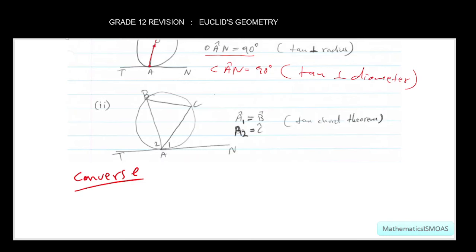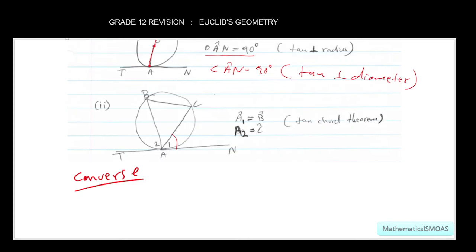So let's say we are talking about chord AC. An angle between a tangent and a chord, of which is what? Chord AC. Therefore, that angle is angle A1. Then we are saying that angle will be equal to an angle in an alternate segment. Therefore, remember we said what? A chord divides the circle into 2 segments.